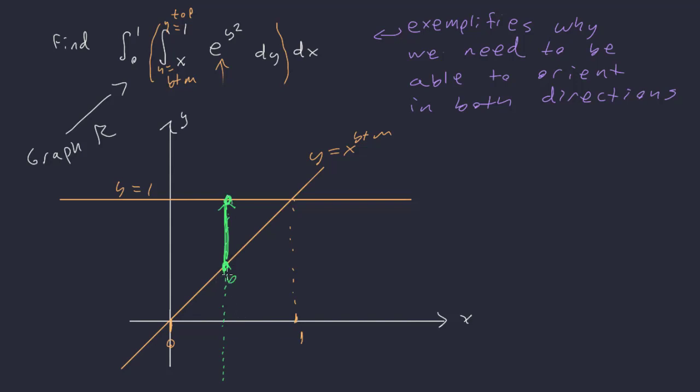So here's our bottom, here's our top. Okay, and so what we're talking about is, I like to draw, say, vertical lines, right? And what we're talking about is this green triangle here.